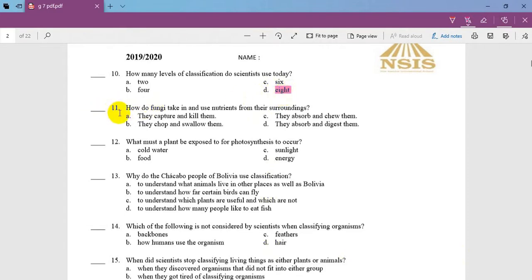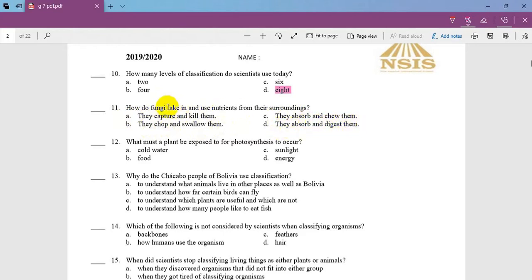Question 11. How do fungi take in and use nutrients from their surroundings? As we know, fungi are heterotrophs, they get nutrients from outside. The options are: they capture and kill them, they chop and swallow them, they absorb and chew them, or they absorb and digest them.